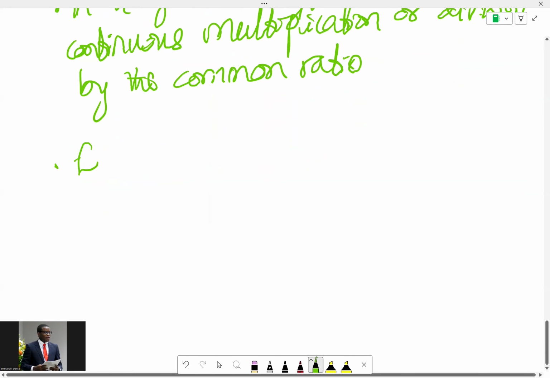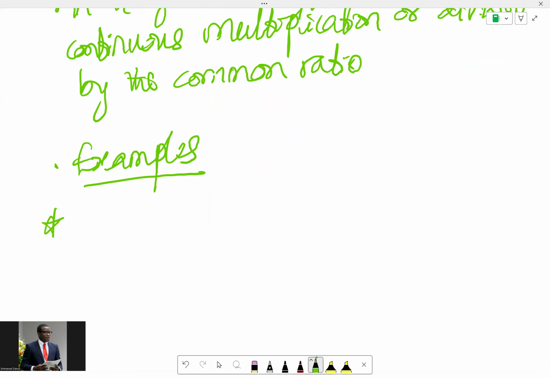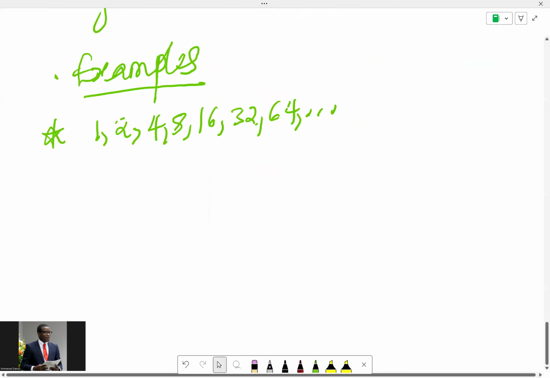So in that case, let's see some examples. Imagine that you have, let's take one of the simplest you can have: 1, 2, 4, 8, 16, 32, 64, and so on and so forth. This is a very good example. What is happening here? To get the common ratio here, you have to do something like this.